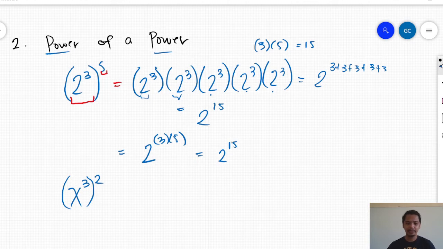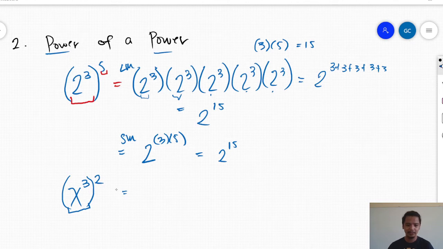So, gawin natin ulit yun dito sa x, kung parehas silang ganun din yung mangyayari. Kapag ginawa natin yung long method, ito yung long method, ito yung short method. Okay? So, pag ginawa natin yung long method dito sa x raised to 3, iti-treat natin yung x raised to 3 as iisang number.